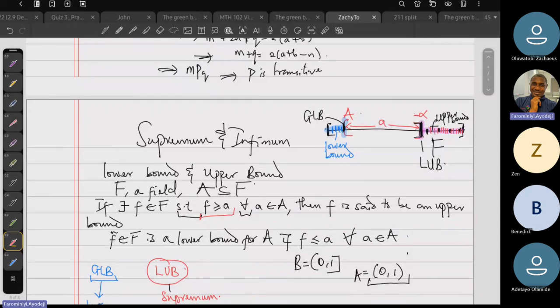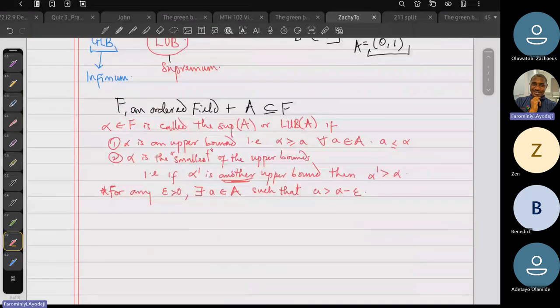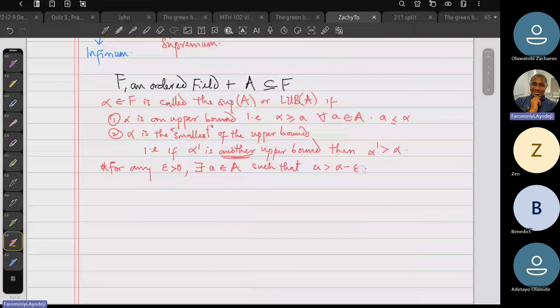So if we subtract anything, no matter how small, there is always something in the set that will be between alpha minus epsilon and alpha. That is how to write it. Okay, let me write it this way: such that alpha minus epsilon is less than A and is less than alpha. Is it clear to all of you here?